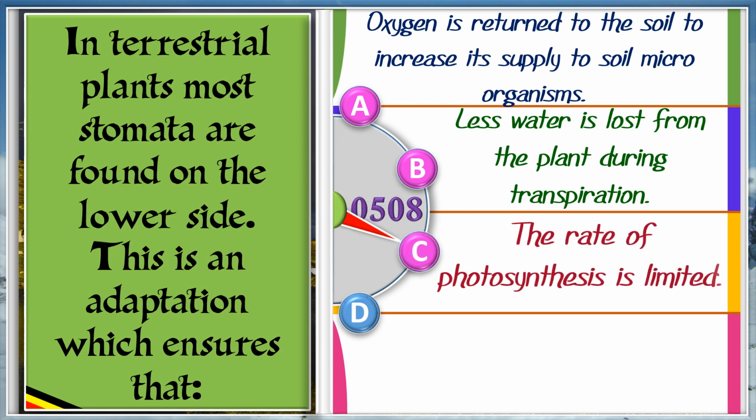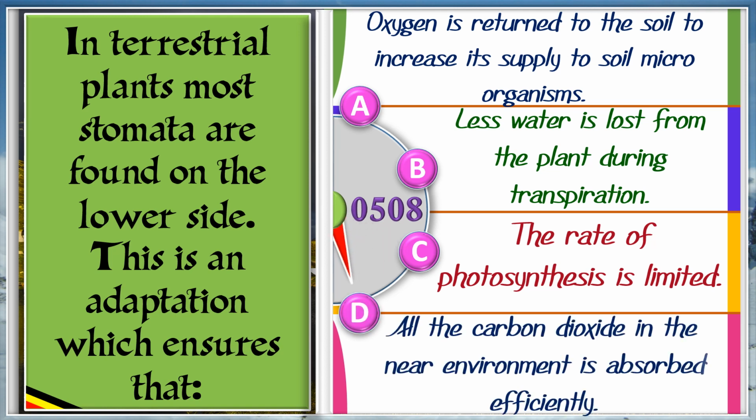C. The rate of photosynthesis is limited. D. All the carbon dioxide in the near environment is absorbed efficiently. And the answer is B. Less water is lost from the plant during transpiration.